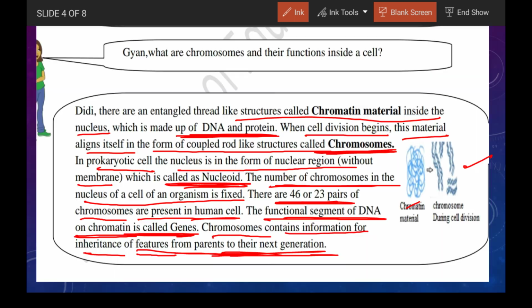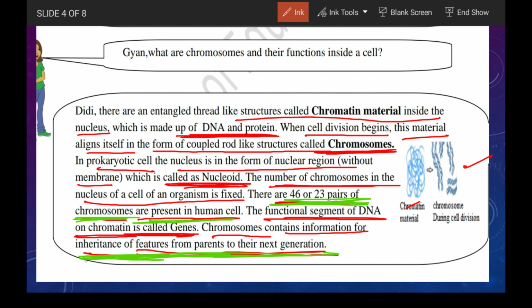In human beings especially, there are 23 pairs or 46 chromosomes in a human cell. You will learn the definition of DNA and genes from here. And what do they carry? They carry all the hereditary information from your parents to your offspring or children.